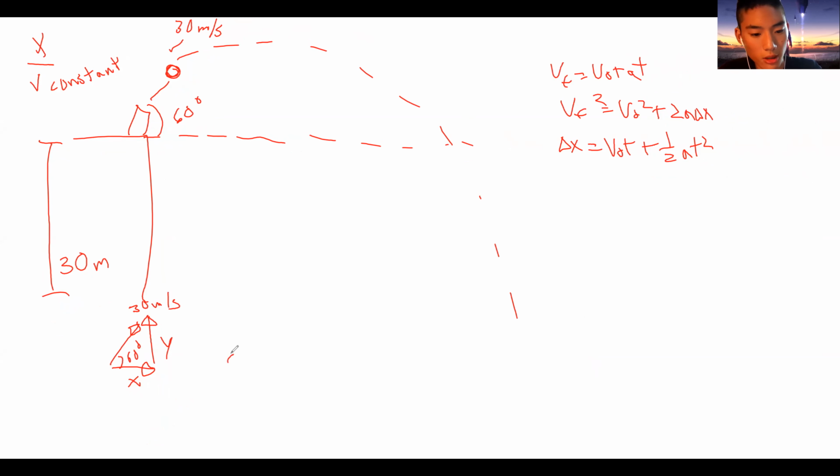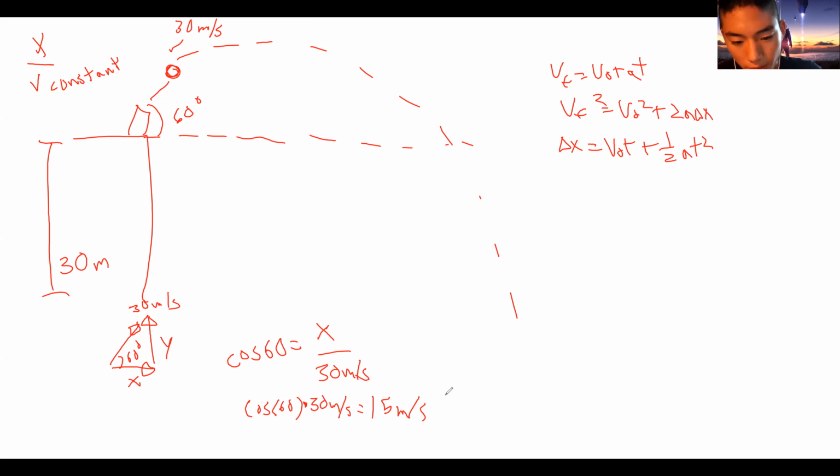You would say cosine 60 is equal to x over 30 meters per second, because cosine is adjacent over hypotenuse. Your hypotenuse is 30 meters per second, and your x is the variable that you want to find. So cosine 60 times 30 meters per second equals 15 meters per second.